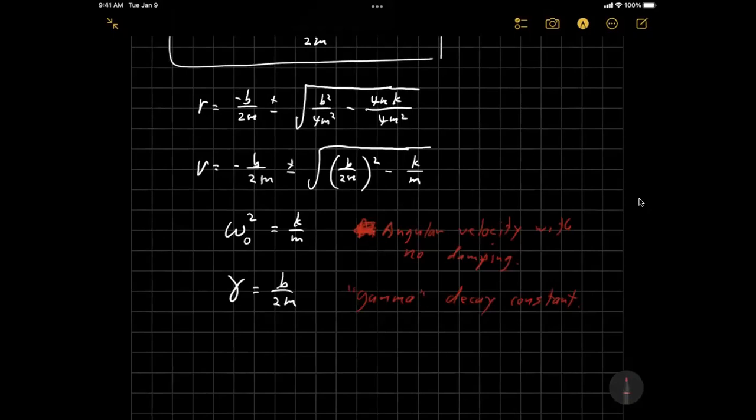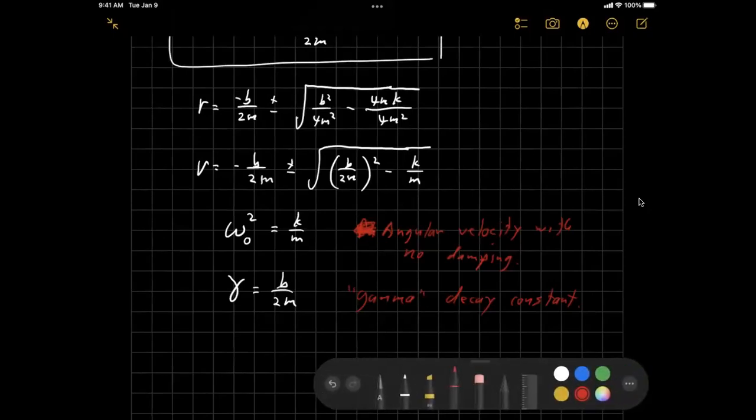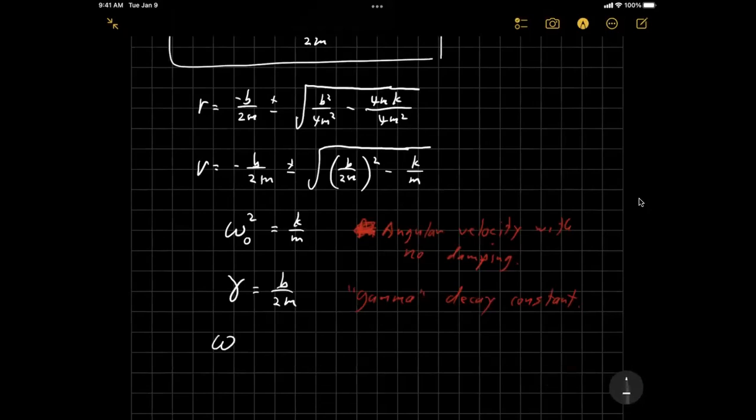And then we will be able to define one more thing in a moment, which is the angular velocity for our system, which will be the square root of omega naught squared minus gamma squared. This is going to be the angular velocity for damped oscillation, or I could say with damping.